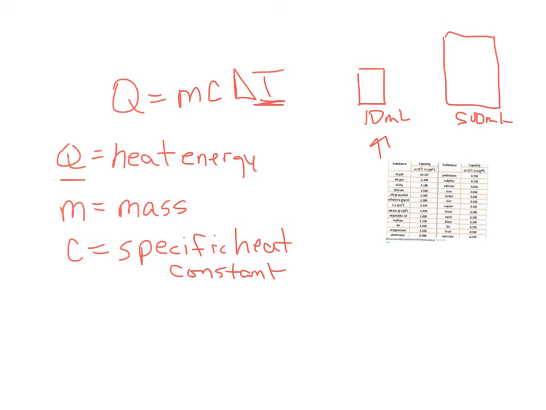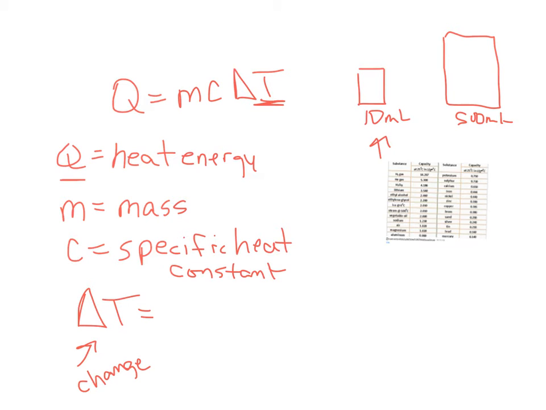All right, and then the last variable that we have is delta T. Delta, in science, means a change in. When we're looking at a delta of something, usually we take the final of whatever it is and subtract the initial.